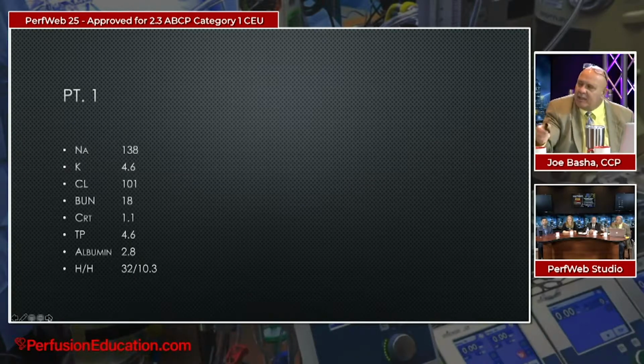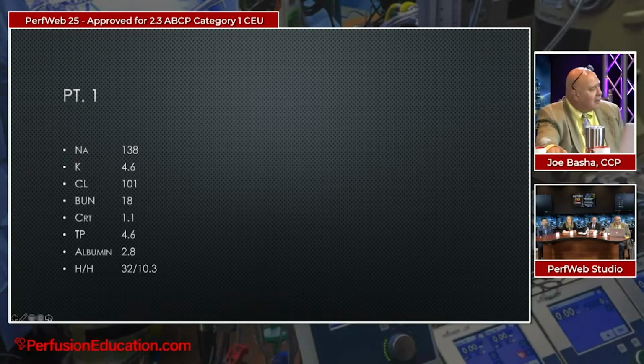And by the way, you may know this, I don't know if you know this, but an albumin level of 2 or less is an independent predictor of mortality. An independent indicator of mortality is an albumin level of 2 or below. And I've seen albumin levels of 1.2, and they look like that lady with the water balloons on her eyes. Okay, hematocrit 32, hemoglobin 10.3. Next slide, please.